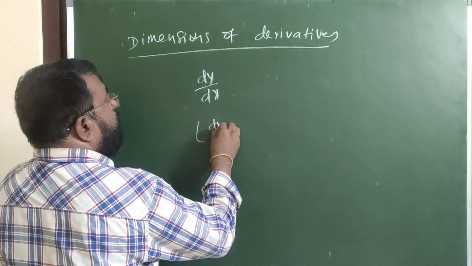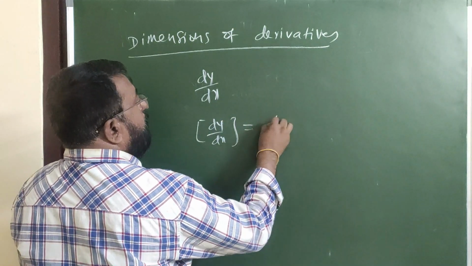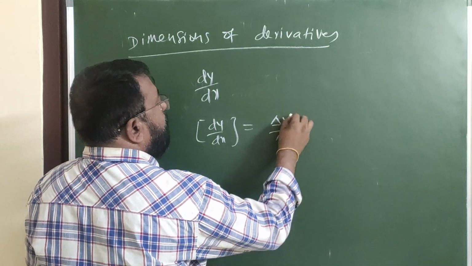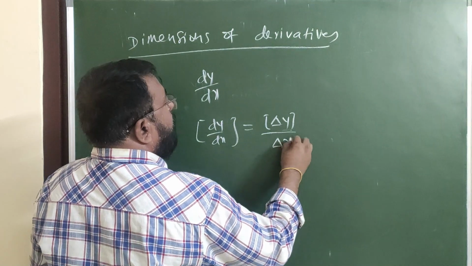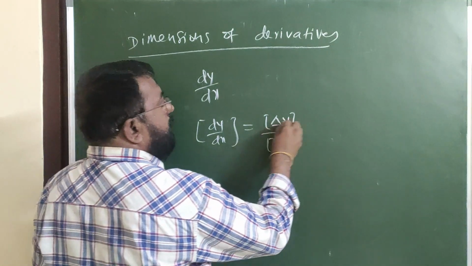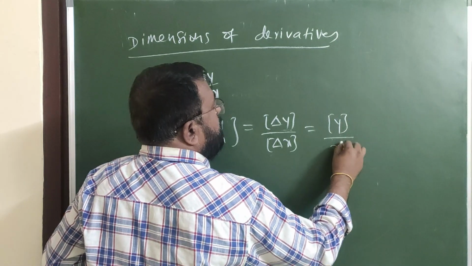Therefore, for its dimensional formula, dy by dx, we can write delta y by delta x. This becomes the dimension of y divided by the dimension of x.